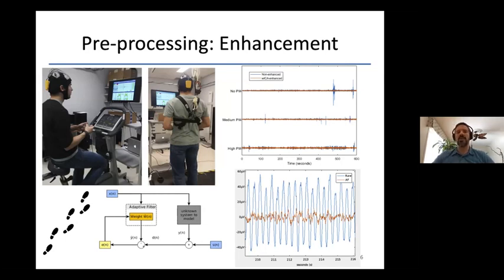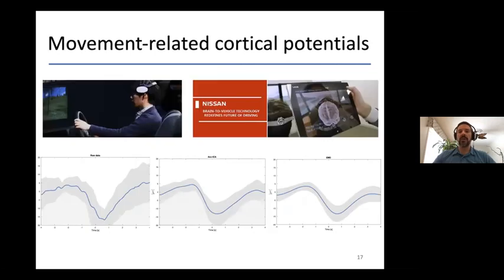If you look at EEG, for example, you get enhancement algorithms to remove eye blinks and head movements, because the ideal scenario is you expect the person to be sitting down in front of a computer. So you will have to build your own enhancement algorithms to get rid of, for example, gait influences if the person is walking or running and so on. So we've developed adaptive filters to do this.